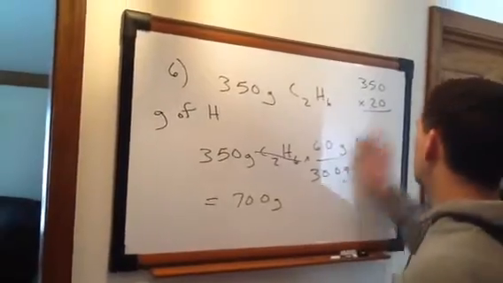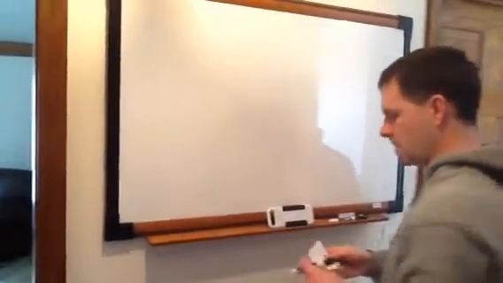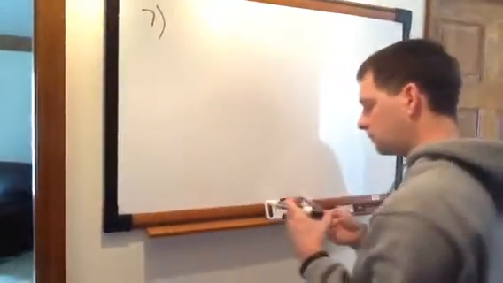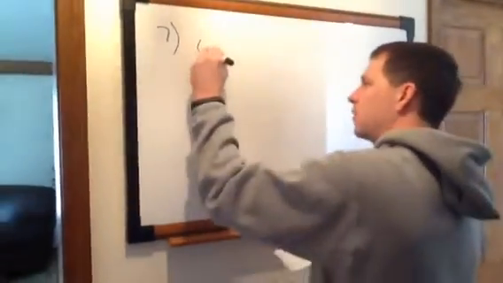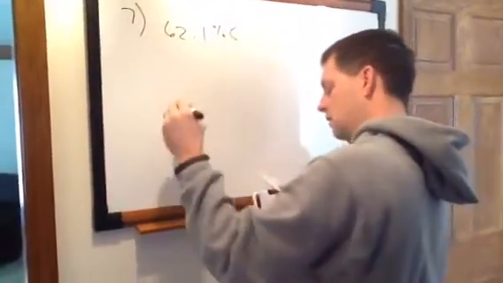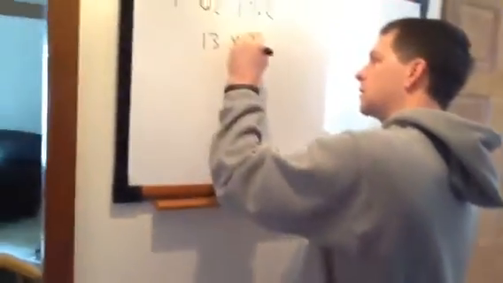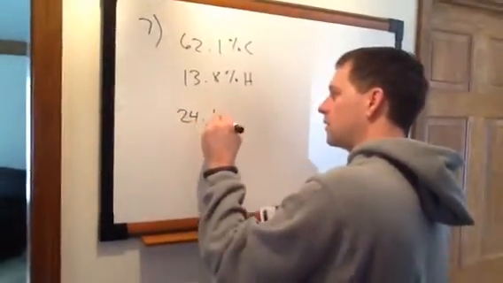Okay, next problem we're going to go over is problem 7. We are going to find the simplest formula: 62.1% carbon, 13.8% hydrogen, and 24.1% nitrogen.